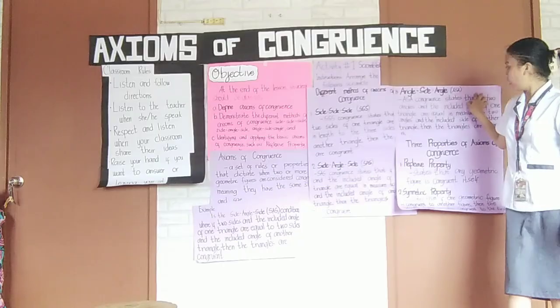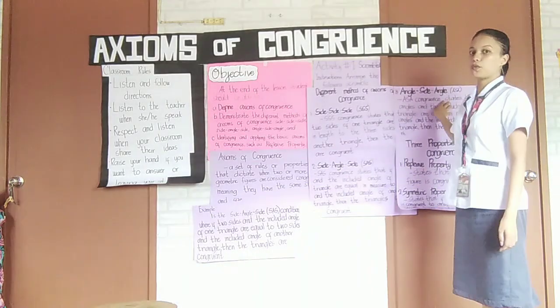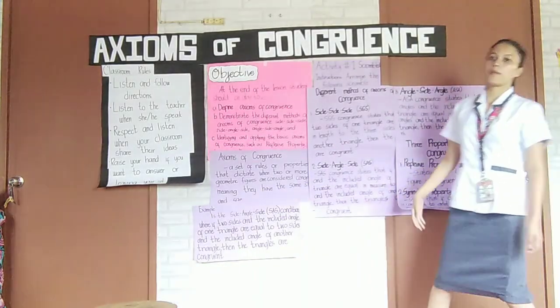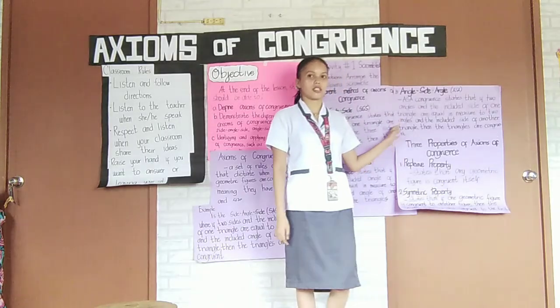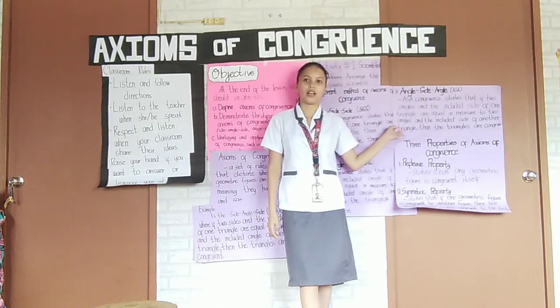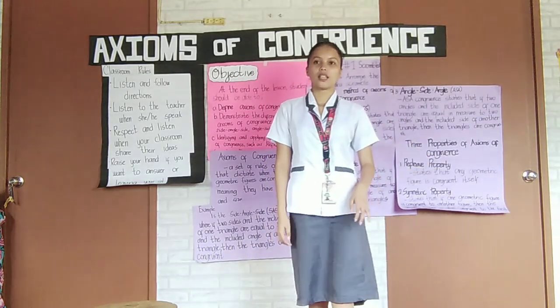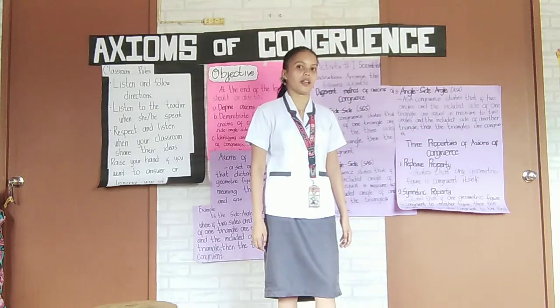So, angle side angle proves triangles congruent by matching two angles and the side between them in one triangle to the corresponding two angles and side in another triangle.